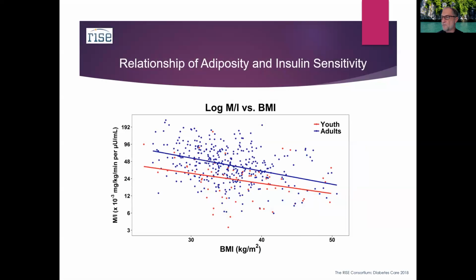And in fact, if we look at insulin sensitivity across the spectrum of adiposity, what we see is that as body mass index increases, there is a decrease in insulin sensitivity. But at any body mass index, insulin sensitivity in the youth is substantially lower than that in the adults. So even for the same degree of obesity, insulin sensitivity is worse in the kids than in the adults.